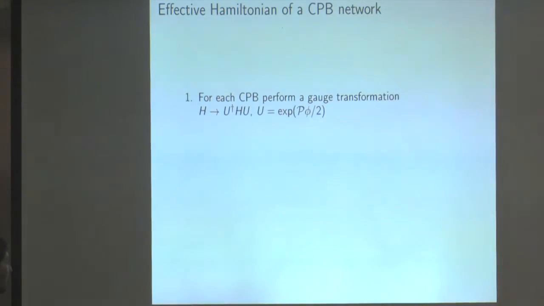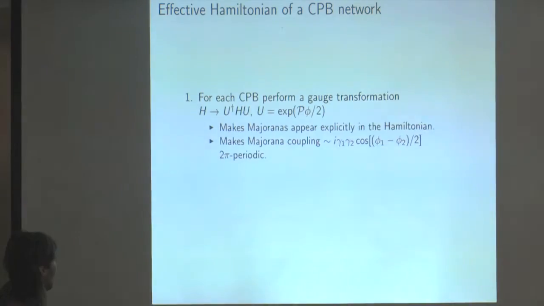Now there is an important simplification of the Hamiltonian of a bunch of charged islands with Majoranas. Namely, one can just use the constraint and substitute it into the Hamiltonian by using this gauge transformation, which results in several effects. First of all, it makes Majoranas appear explicitly in the Hamiltonian and not through a constraint.